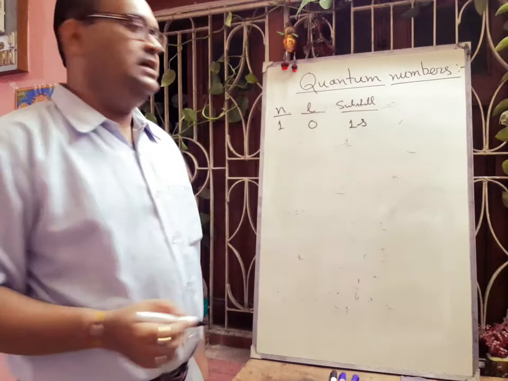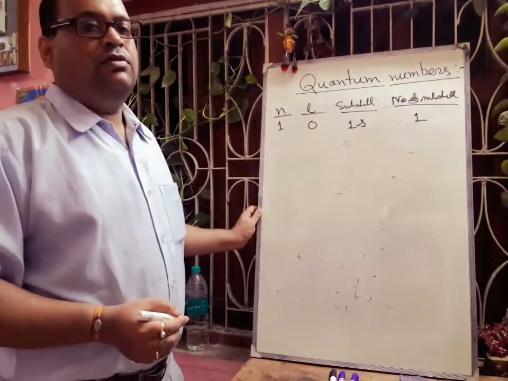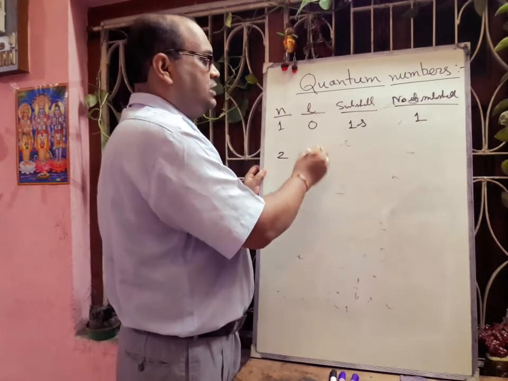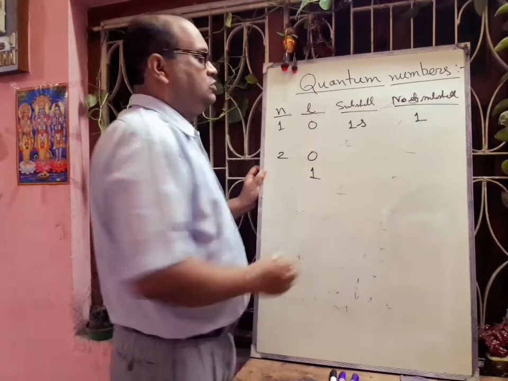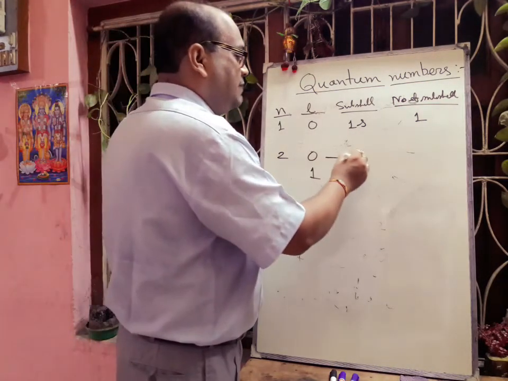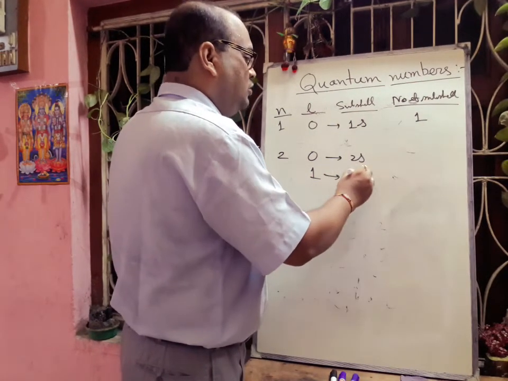The number of subshells in the shell will be 1. Now when n is equal to 2, the values of L will be 0 and 1. The 0 indicates the subshell 2s and 1 indicates the subshell 2p.